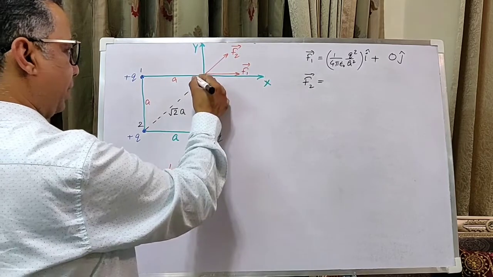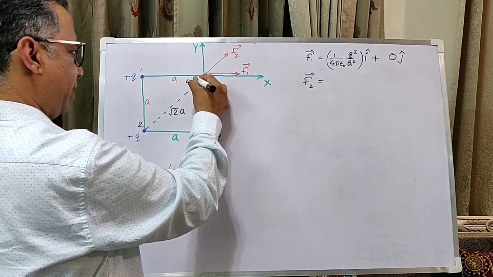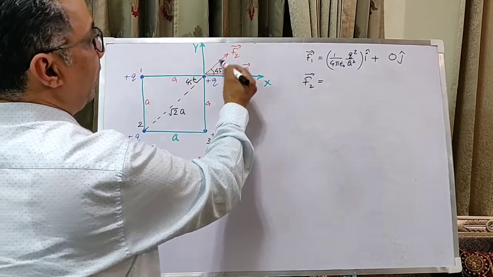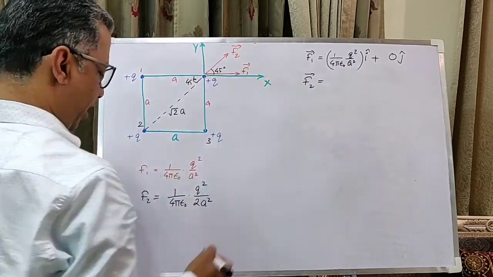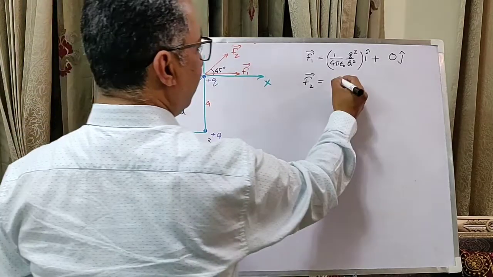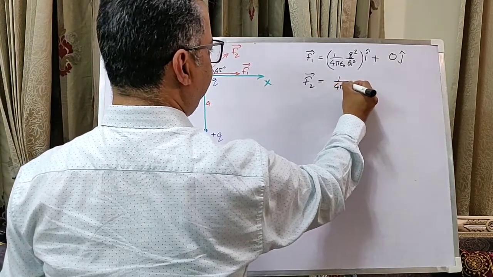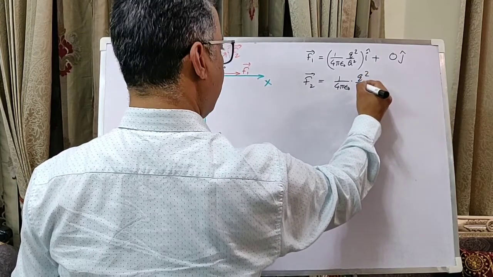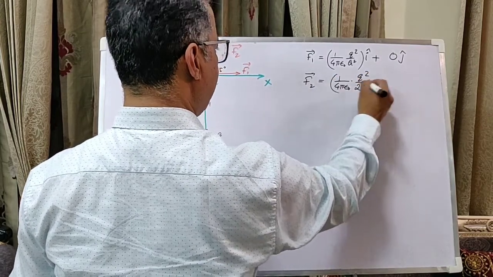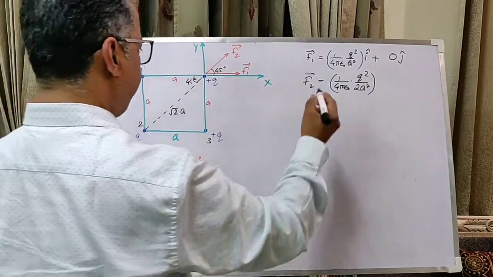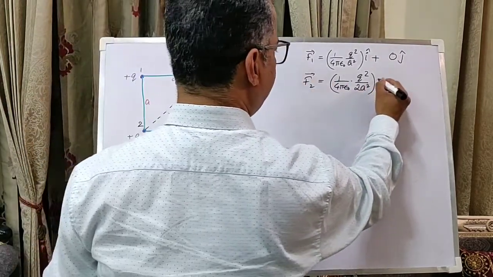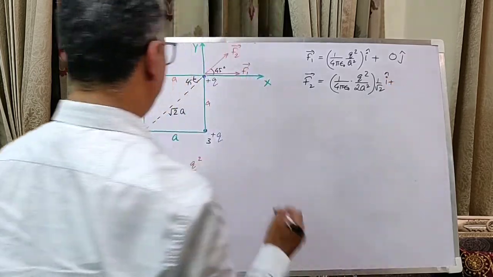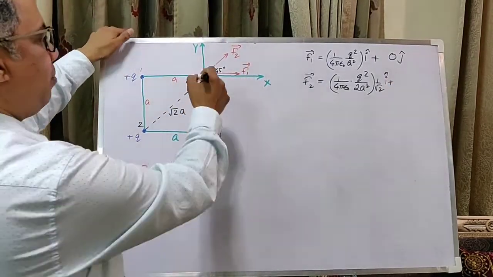This angle here is 45 degrees, and therefore this is 45 degrees as well. The x component of F2 will therefore be this magnitude, 1 by 4 pi epsilon naught q square by 2a square, times cos 45, which is 1 by root 2, i cap, plus the y component.